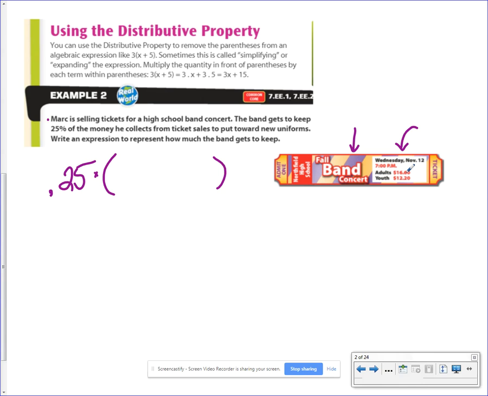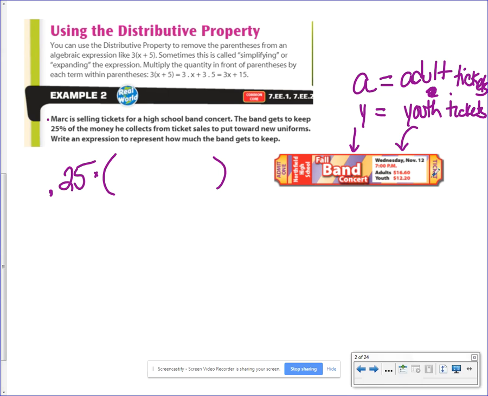So I can't just say tickets. I'm going to let A be the adult tickets sold, because there's no guarantee that I'm going to sell the same quantity of each one. So A can be the adult tickets, Y can be the youth tickets. And now let's go to town.